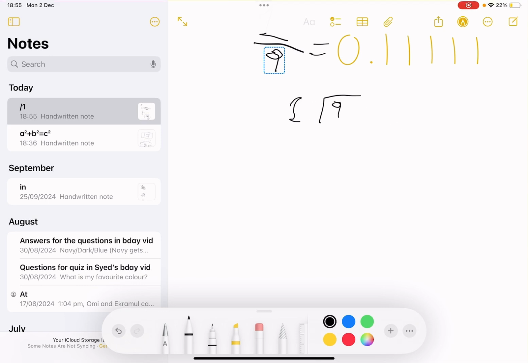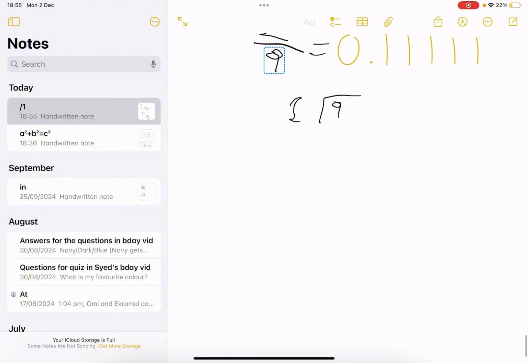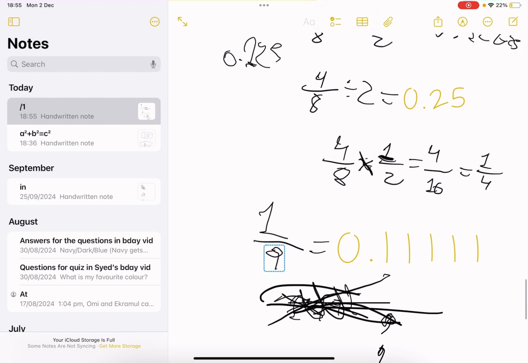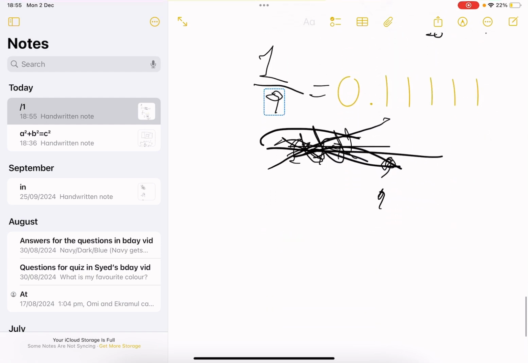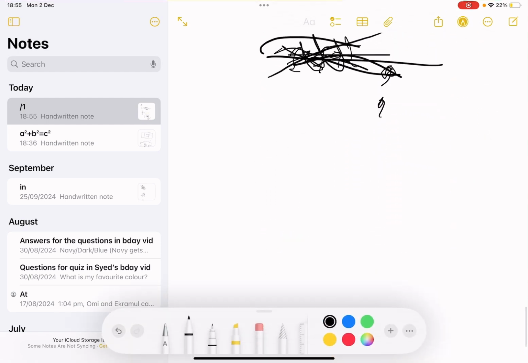Just ignore this. Okay, let's cross it out. Why is that happening? I don't know, but let's try this again. 9. Is it really not letting me go any further? Oh my god, it's so laggy for some reason.